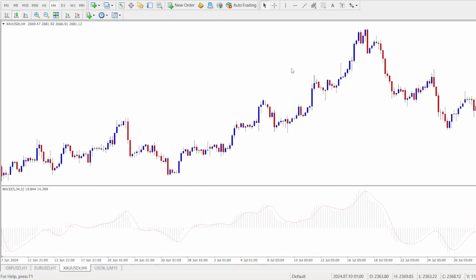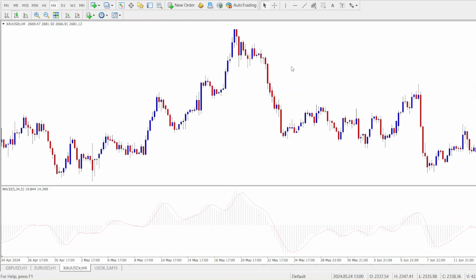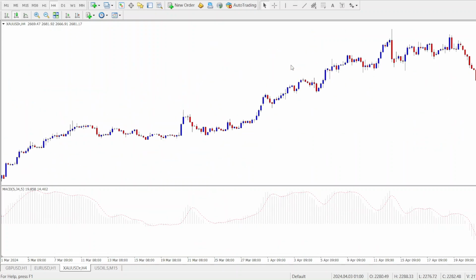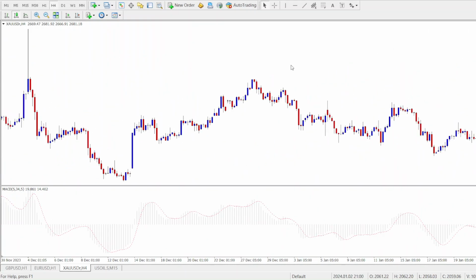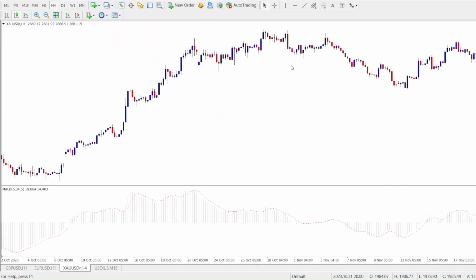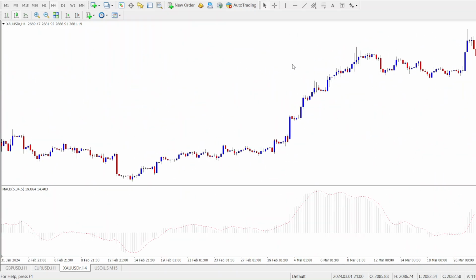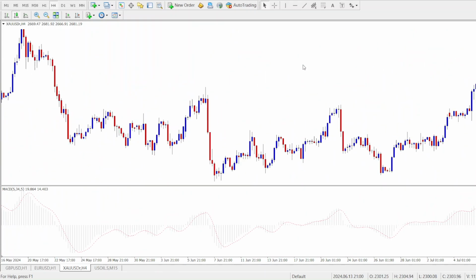I really wanted to display a real example, but it seems like divergence is not very common on this chart at the moment.